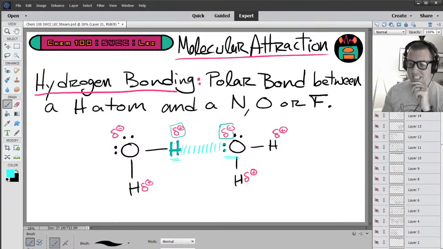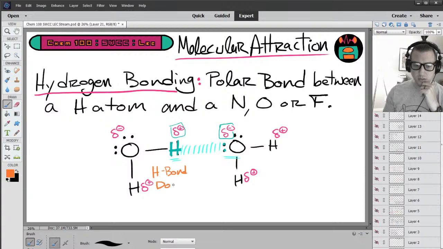So this is the molecule that provides the H. This is called the hydrogen bond donor. And the molecule that has the lone pair, this is called the hydrogen bond acceptor. Yeah, totally.